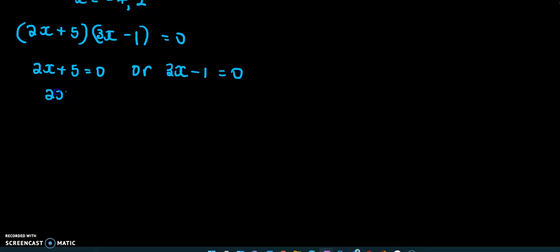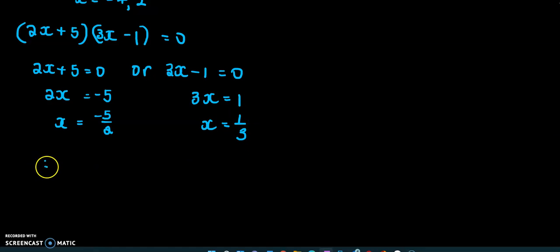So you're going to get 2x is equal to negative 5, x is equal to negative 5 over 2, or we will have 3x minus 1, so you're going to get 3x is equal to 1, and then x is going to be equal to 1/3. So therefore, x is equal to negative 5/2 or 1/3.